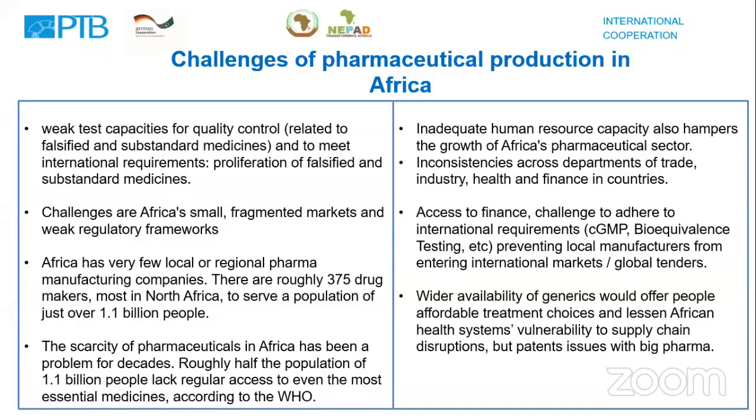Indeed, we have a weak regulatory framework in African countries and weak test capacities for quality control. So it is impossible for them to meet international requirements like current good manufacturing practices, bioequivalence testing, and so on. All these prevent African local manufacturers from entering the international market as well as global tenders.